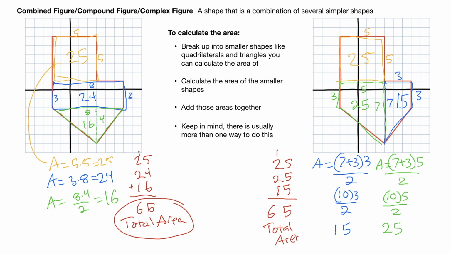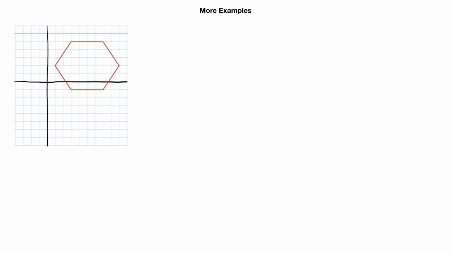So you can solve these in more than one way. As long as you break it into shapes that you know and you find the area, you'll be good to go. So here's one right here where we've got a shape, and we might look at this originally and think, okay, well, I could make 2 triangles and then 1 rectangle in the middle.